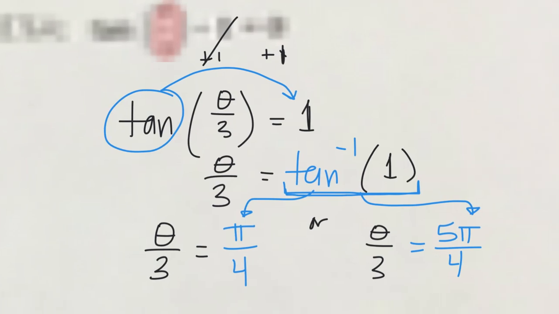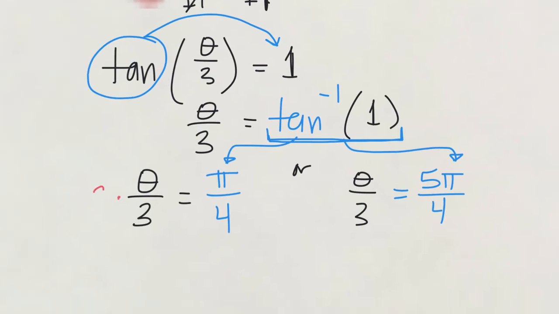Now solving this for theta, your variable, we multiply both sides by 3, because that's how we get rid of division. It's theta divided by 3, so the opposite of division is multiplication.